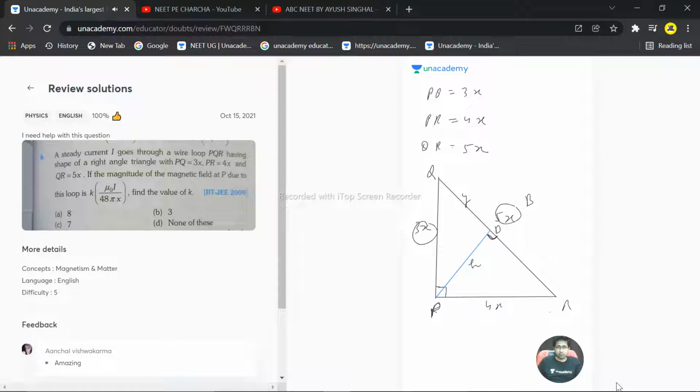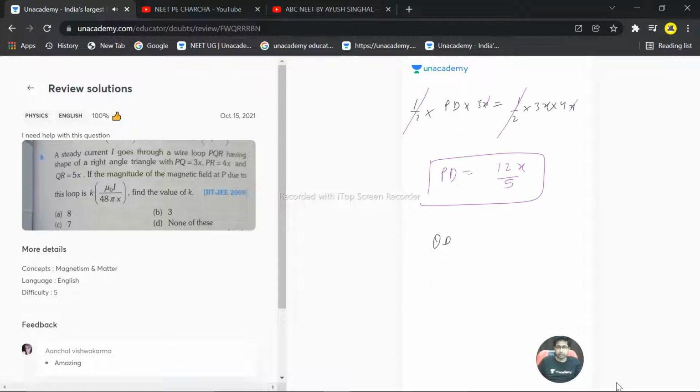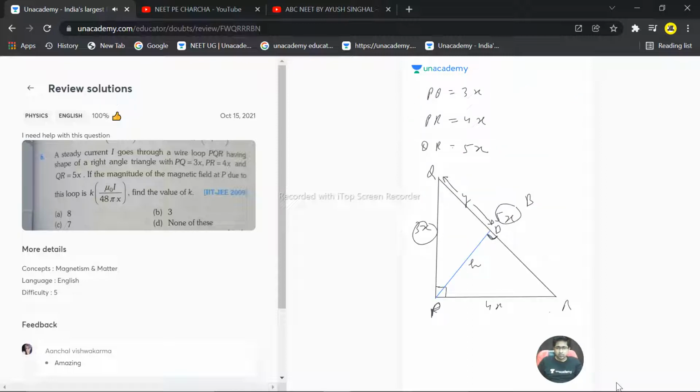Just this QD section I am calculating right now. How to calculate QD? We can write it using PQ, and we have the values of PQ, QD and PD.